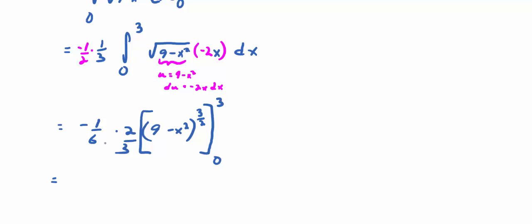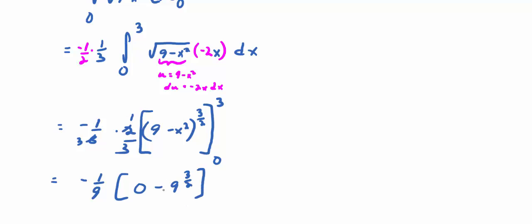Out front here, what do we have? We've got 1/6 and 2/3 there, so that gives us negative 1/9. Plug in 3 for x, the upper limit, and you just get 9 minus 9 to the 3/2, that's 0. Minus, plug in 0 here, you get 9 to the 3/2.